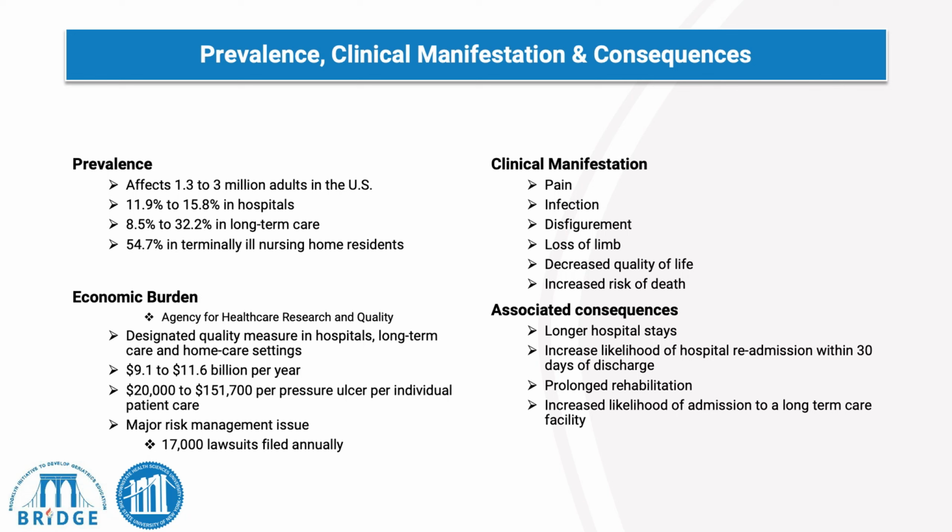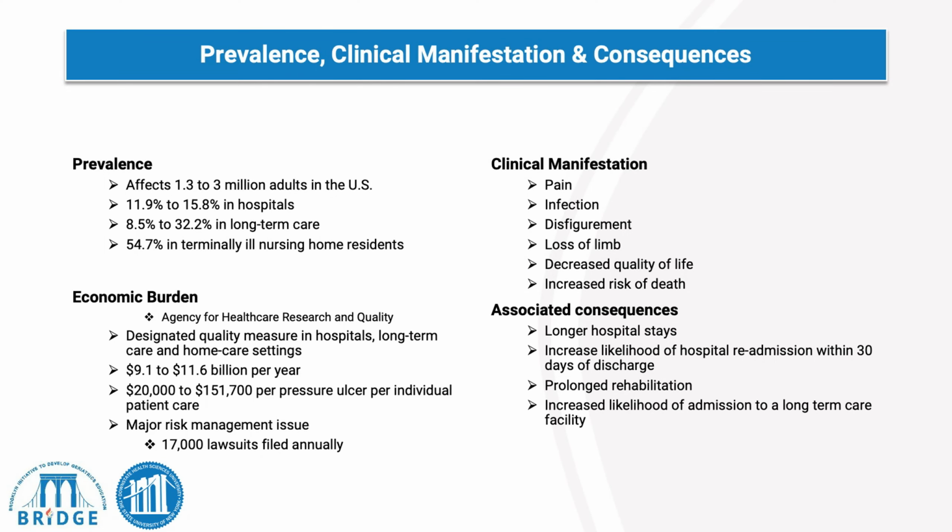In terms of the economic burden of pressure injuries, and this is data presented by the Agency for Healthcare Research and Quality, pressure injuries have been designated as a quality measure in hospitals, in long-term care facilities, and in home care settings. The cost associated with providing care to patients with pressure injuries approaches almost $6.5 billion per year.